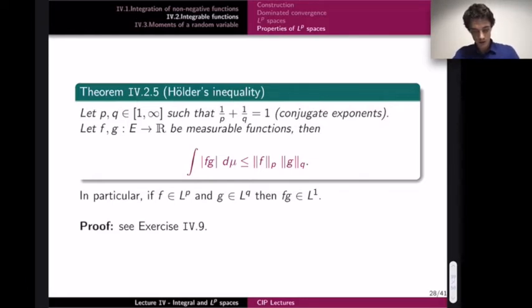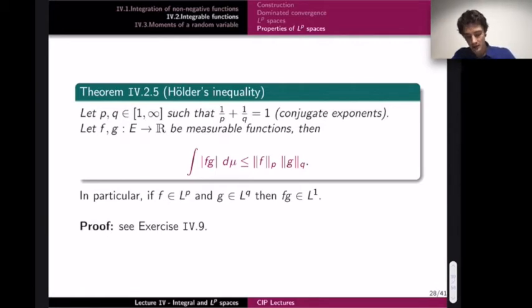But what does Hölder's inequality say? That's really an inequality that you need to be able to use. It tells you that if P and Q are between 1 and plus infinity, and they satisfy this relation, then for any f and g which are measurable functions, this inequality holds: the integral of the absolute value of the product of f and g against d mu is less than the p norm of f times the q norm of g.